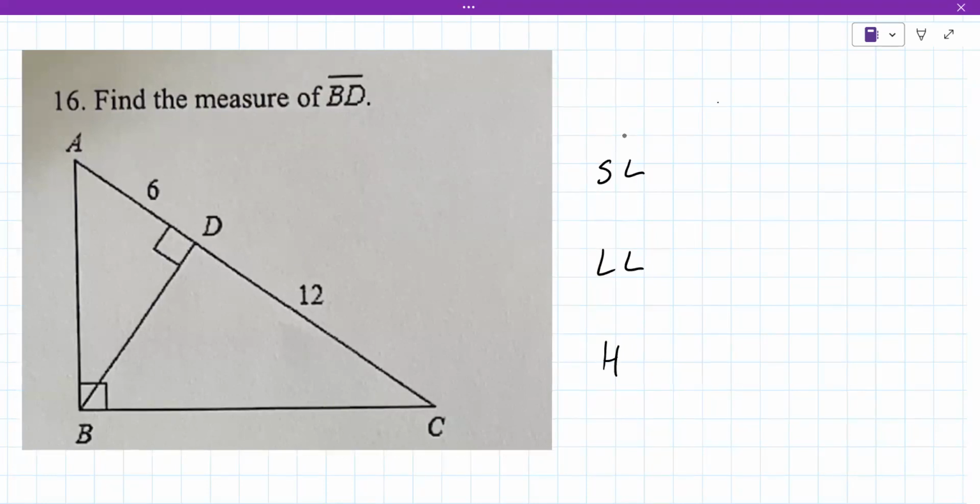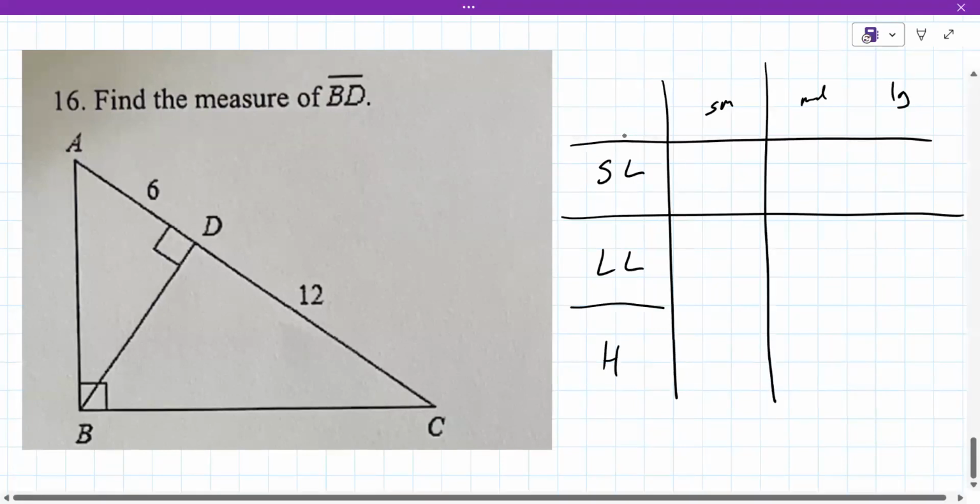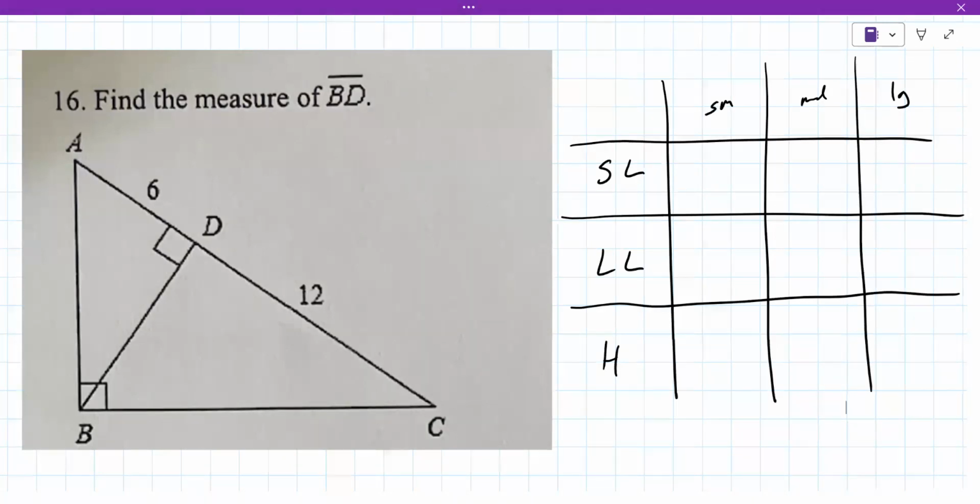There's the small triangle, the medium triangle, and the large. Isn't that only for 30, 60, 90s though? No, this is three triangles in one: a small one, a medium one, and then the large one.